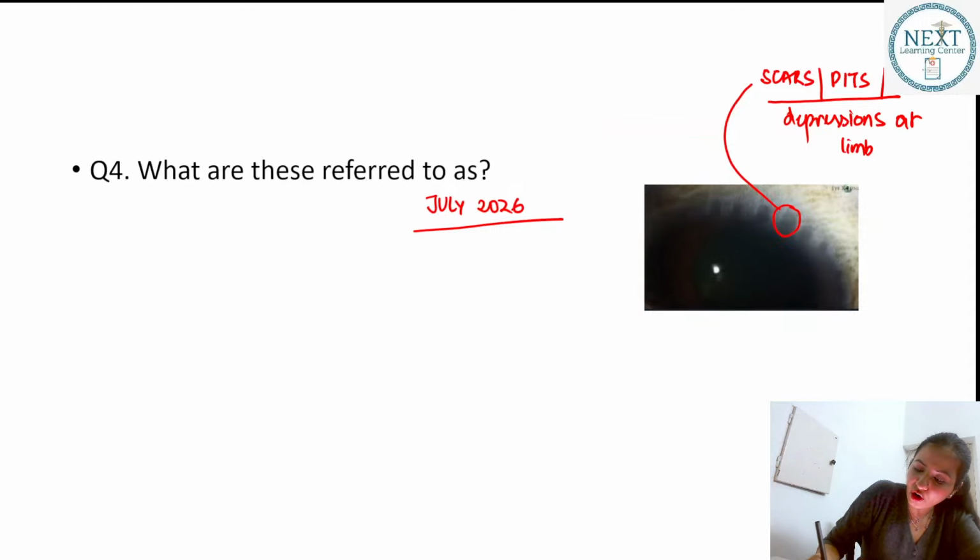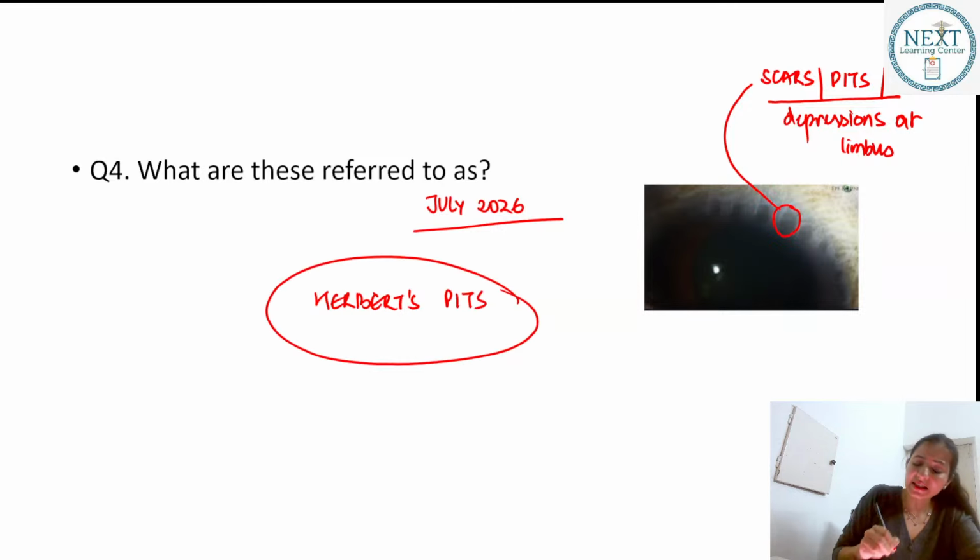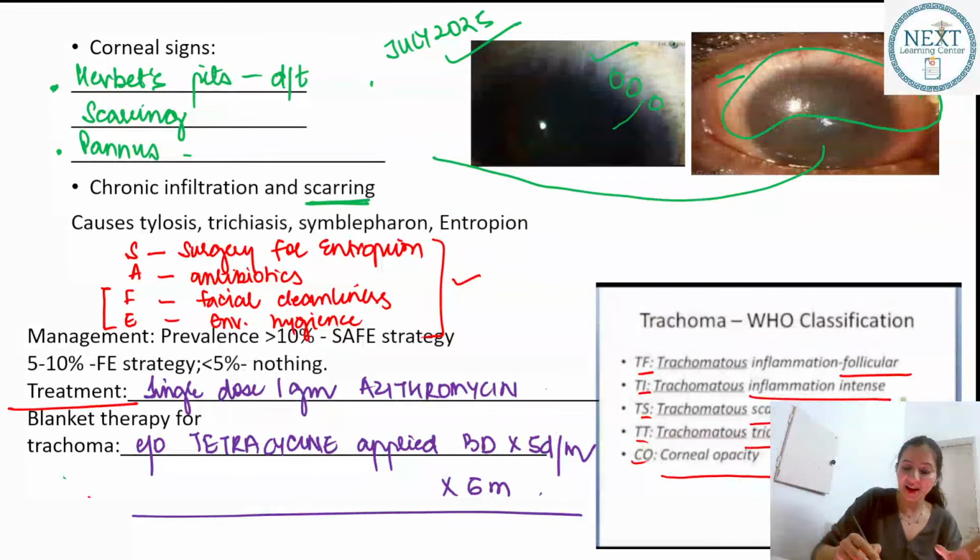These are called Herbert's pits. Again, this has been taught to you in your class notes and in Maha Revision. This is the exact same image that you have got.